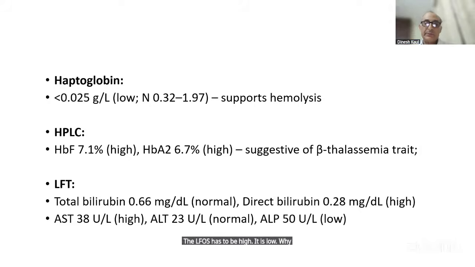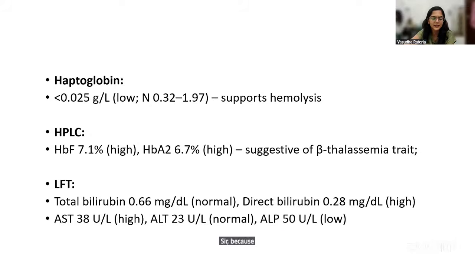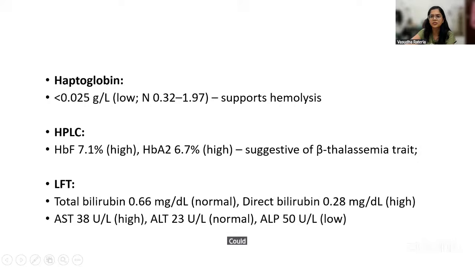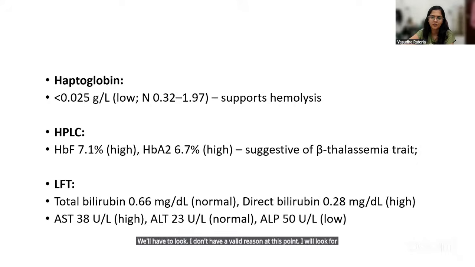Why? Because the alphos indicates osteoblastic bone activity. So is there low osteoblastic activity? Could be, sir, could be a part of the constitutional. We will have to look. I don't have a valid reason at this point. I will look for it.